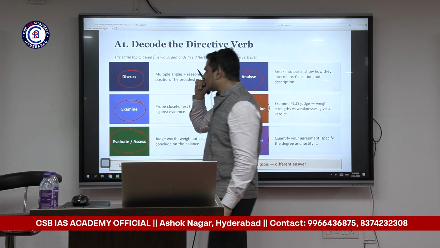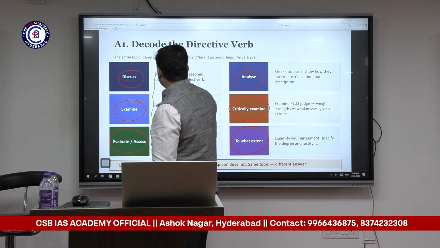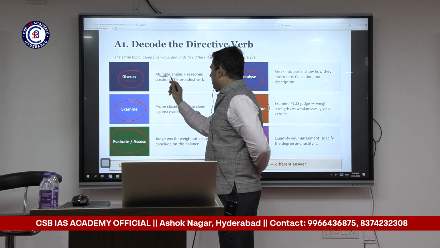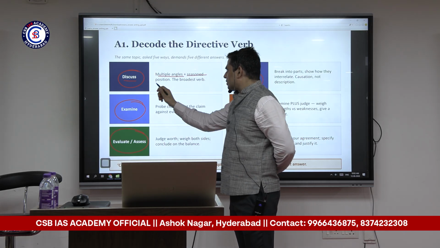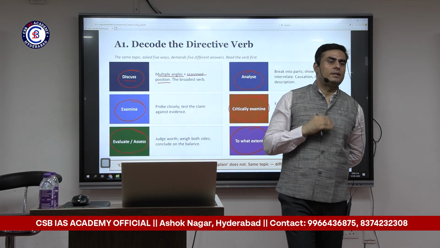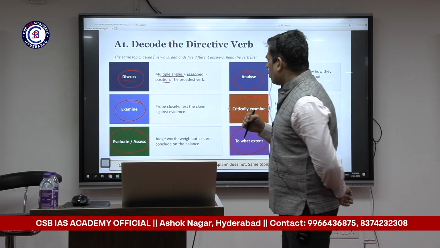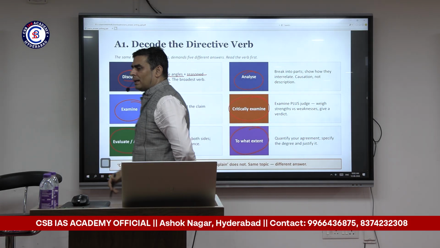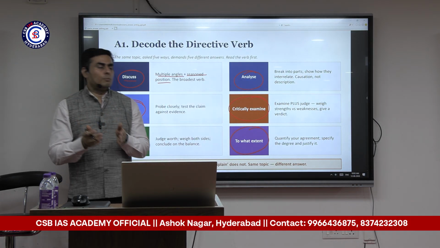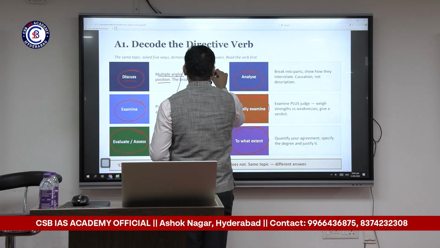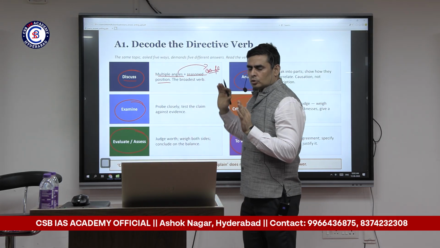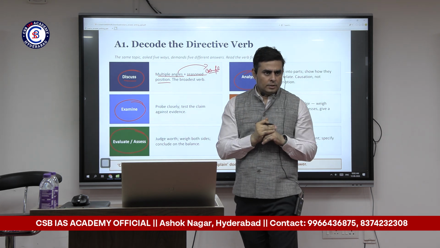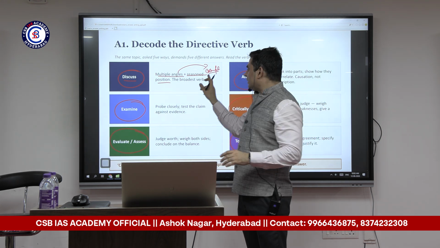If the question is asking discuss, then what do you have to go for? Multiple angles of that topic, a reasoned position. What does reasoned position mean? When you analyze multiple angles, you have to present an example. Suppose you find 3 dimensions. This dimension can be explained with this example.